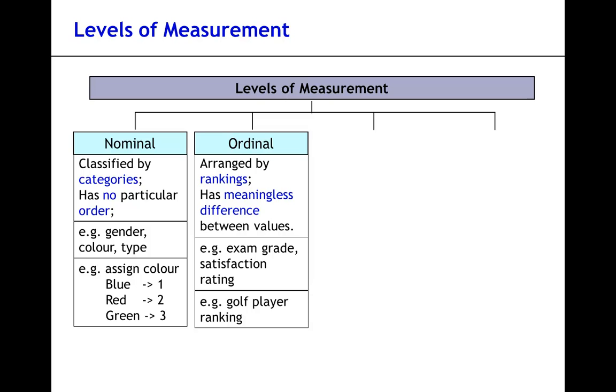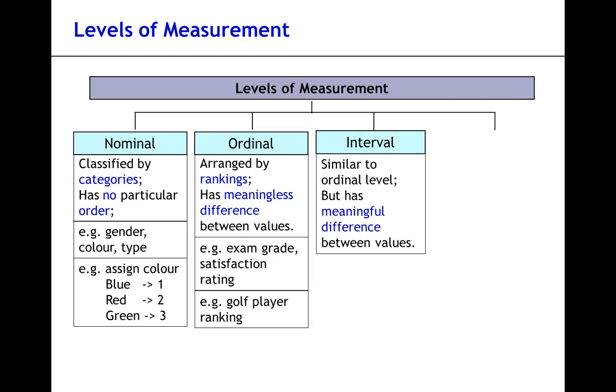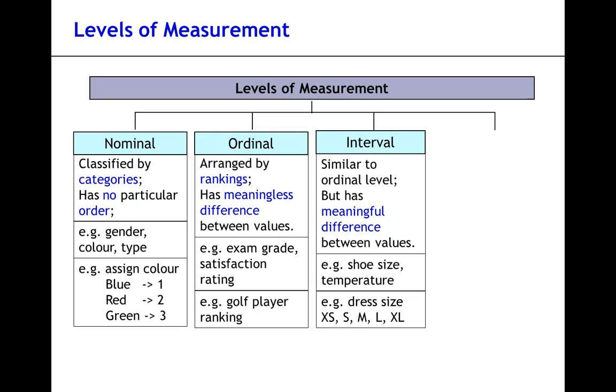The third level of measurement is the interval scale. This is similar to the ordinal scale, but there is meaningful distance between the values. For example, for shoe size, temperature, and dress size, some form of unit measurement is involved.